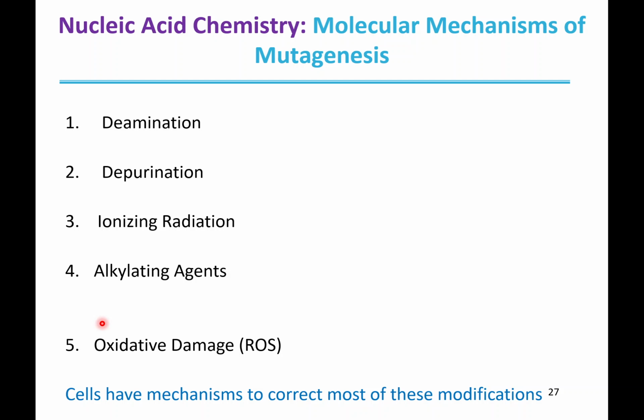And then finally, reactive oxygen damage, also referred to as ROS, for reactive oxygen species. So it might seem a little striking that there are so many ways that your DNA can be damaged and ultimately mutated, but cells have mechanisms to correct most of these modifications.